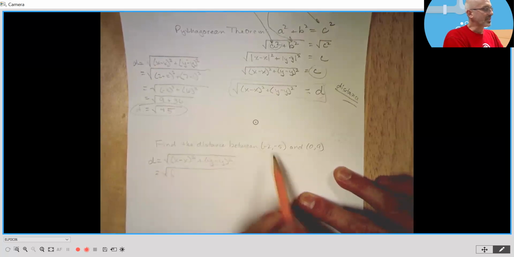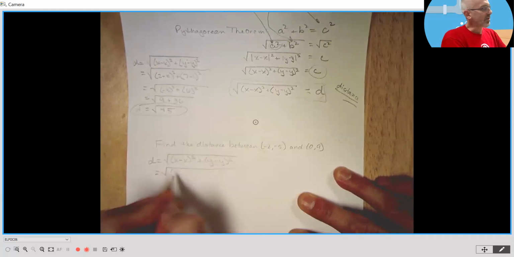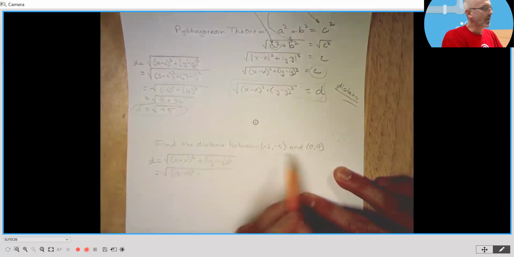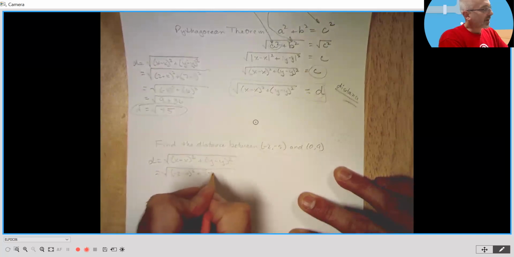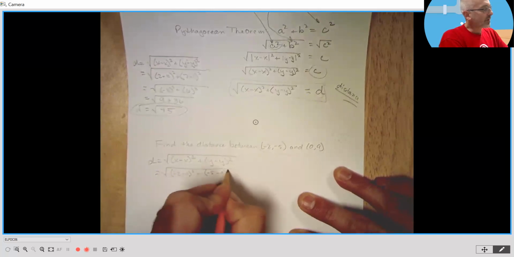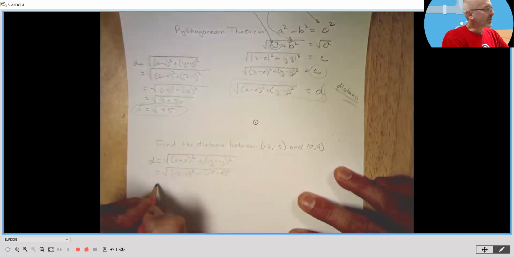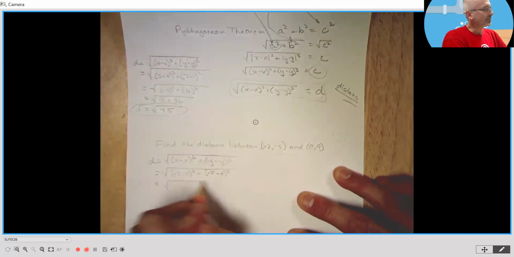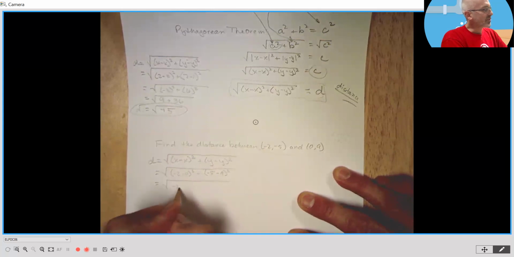So our x's are negative 2 and 0: negative 2 minus 0 squared. Our y's are negative 5 and 9: negative 5 minus 9 squared. Now we start to simplify. Negative 2 minus 0 is negative 2 squared.